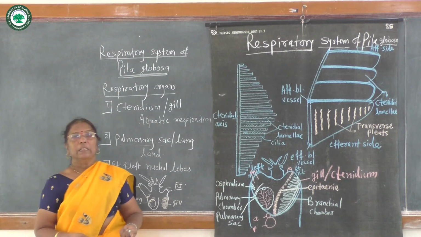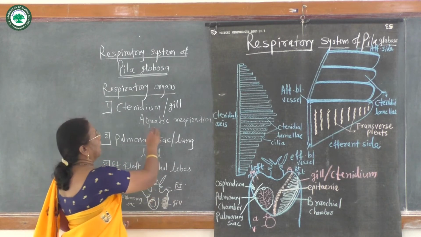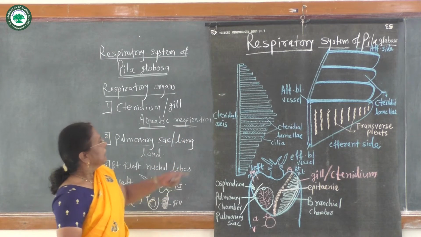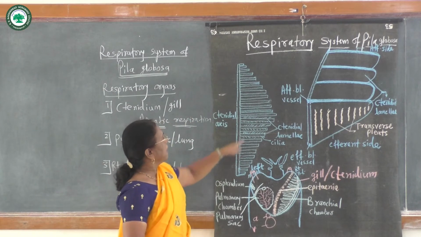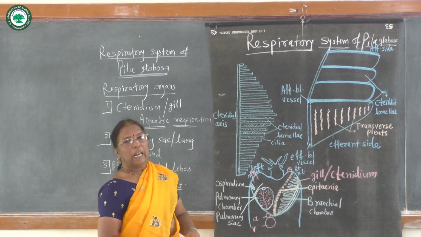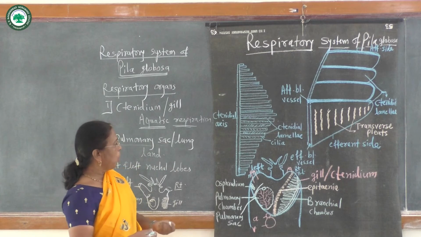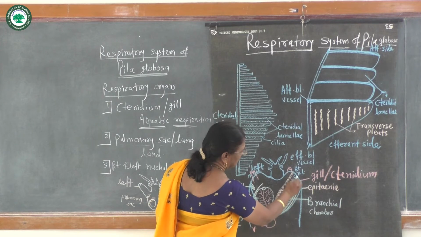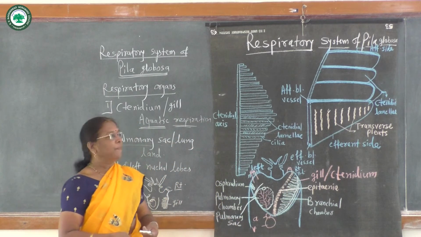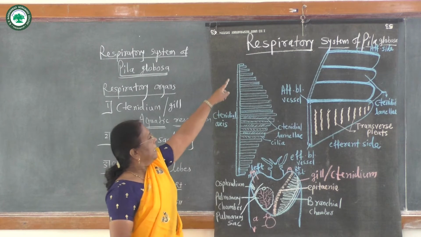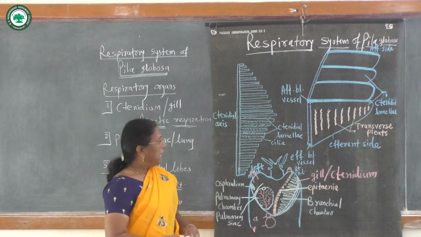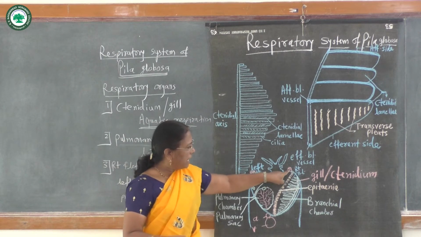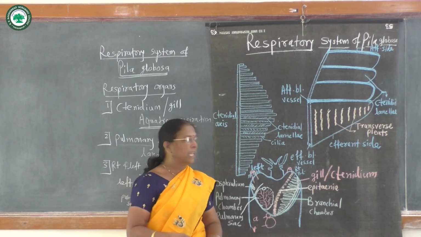First, we will see the ctenidium or gill, which is the organ for aquatic respiration. This is the diagram of the ctenidium or gill. The ctenidium is attached to the body wall, the organ of aquatic respiration, present on the right side.